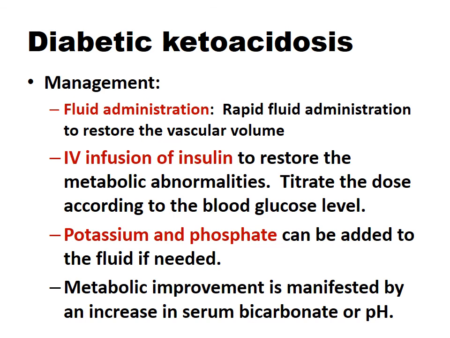Mainly it's treated with IV infusion of insulin to restore the metabolic abnormalities that occurred, and titrate dose of insulin according to the plasma glucose level. Potassium and phosphate can be added to the fluid if needed. Metabolic improvement is manifested by an increase in serum bicarbonate or serum pH.